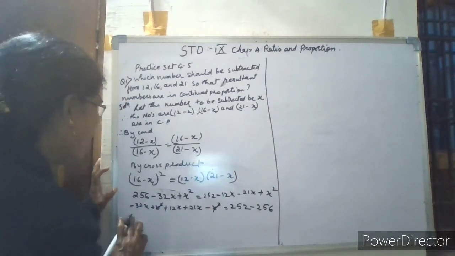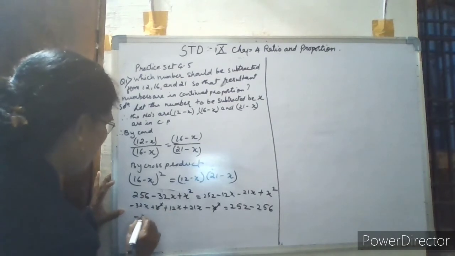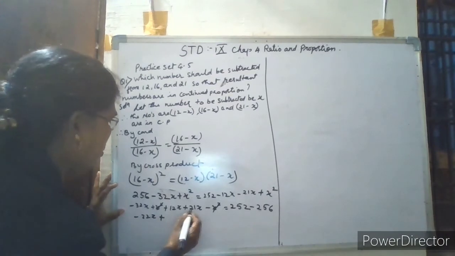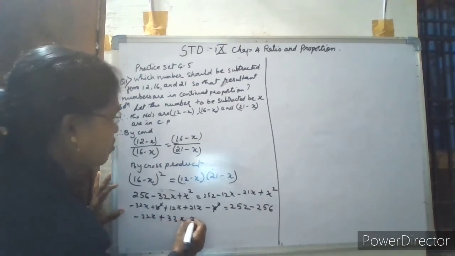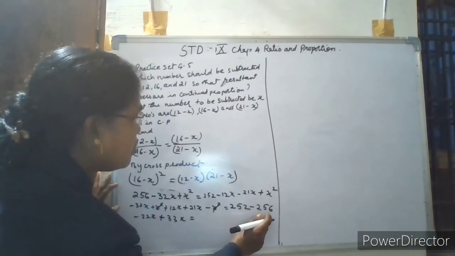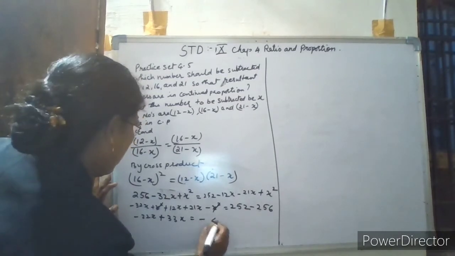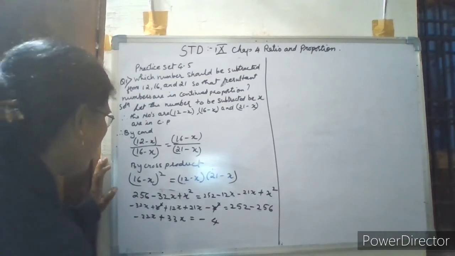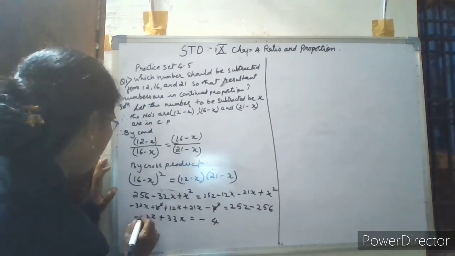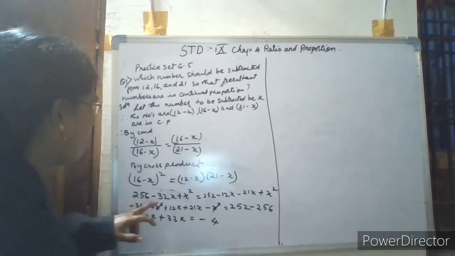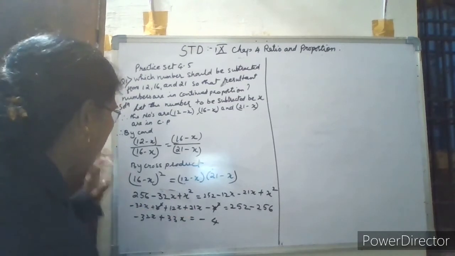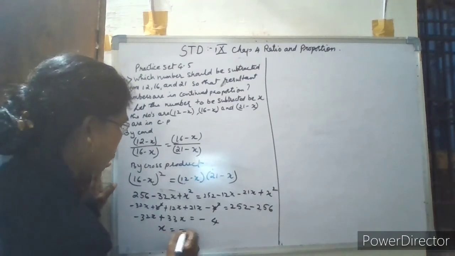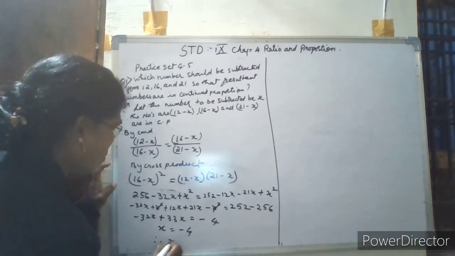Then minus 32x and plus 33x is equal to, if you subtract this, we will get minus 4. Therefore x is equal to minus 4.